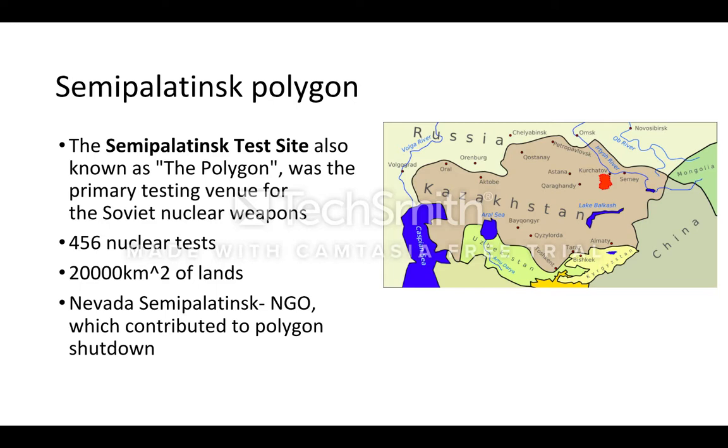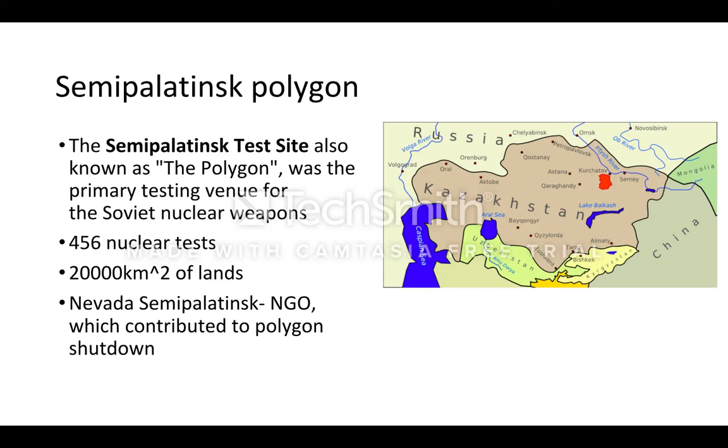As I said, there were 456 nuclear tests, and 136 tests were done in the air. The area of the Semipalatinsk polygon covers more than 20,000 square kilometers.